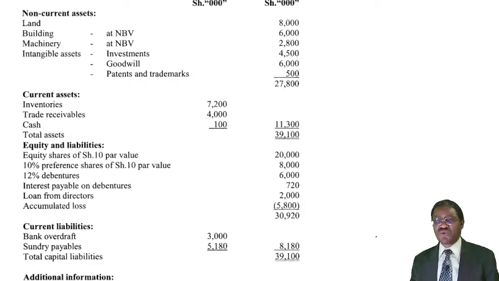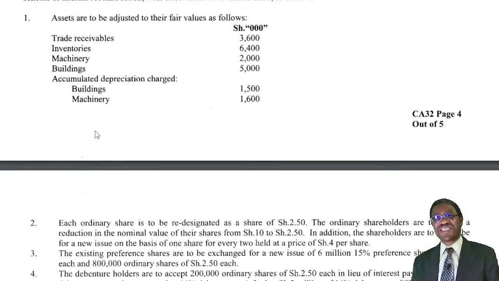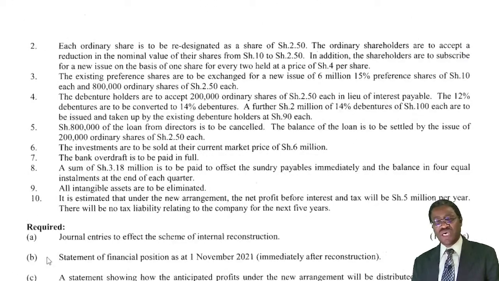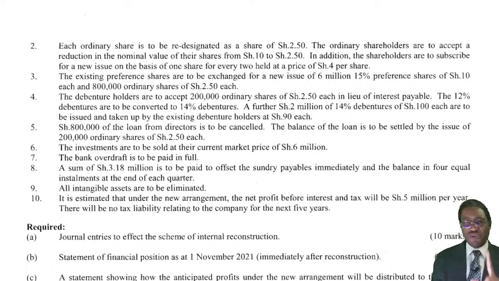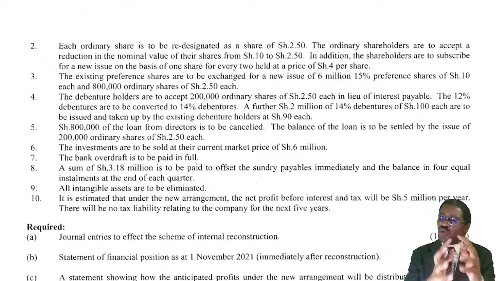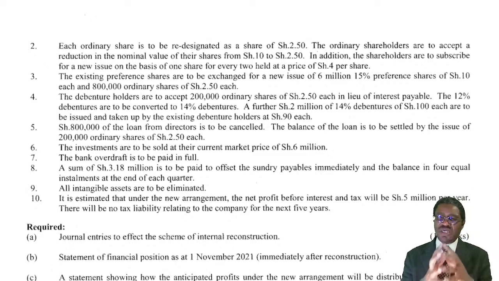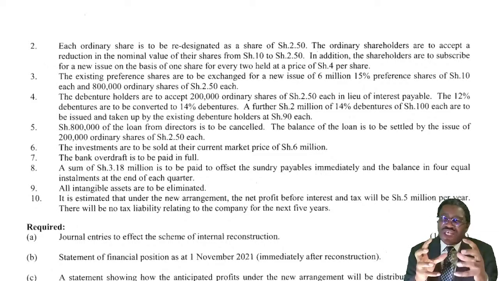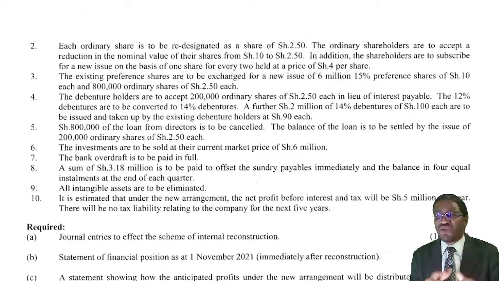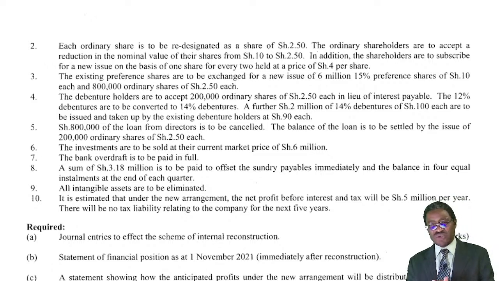And note number 2 told us that each share is to be redesignated to 2.5. So somebody with a calculator, if we had 2 million shares, and each share is losing 7.5 from that note number 2.